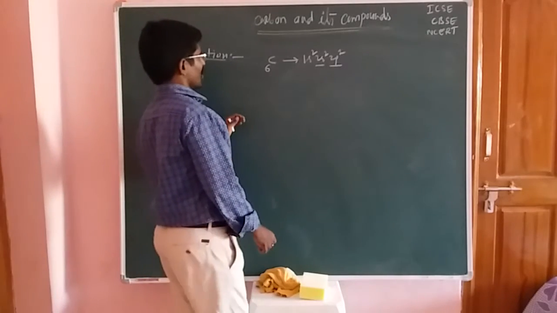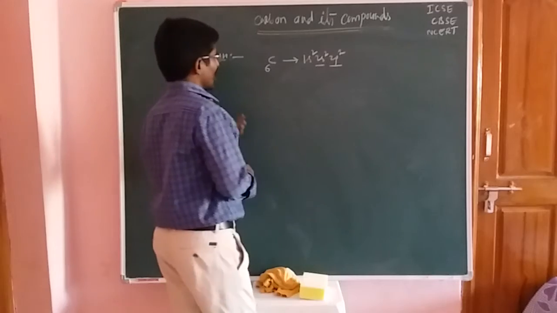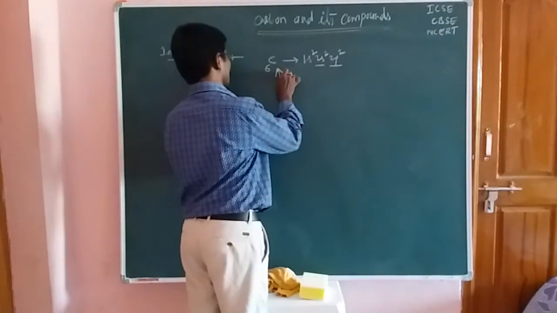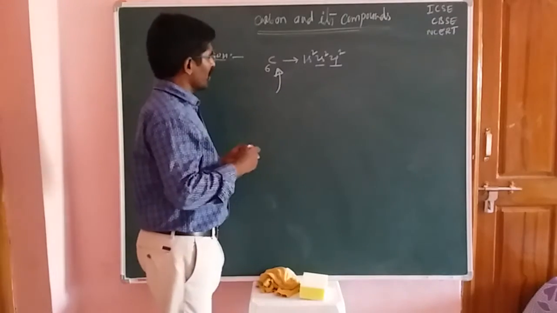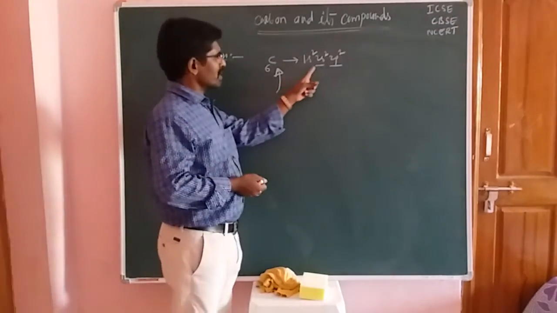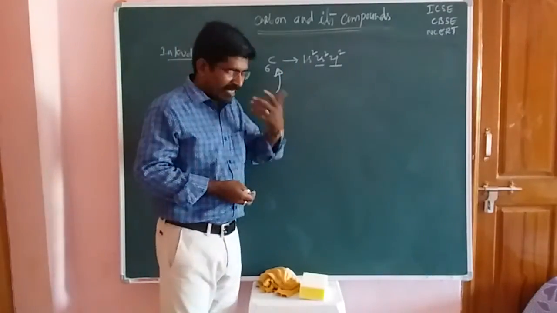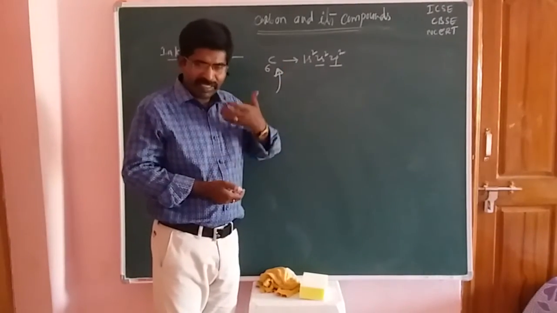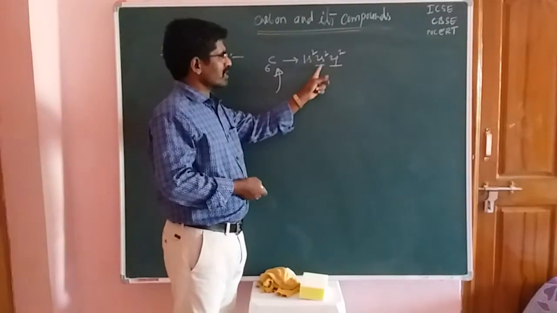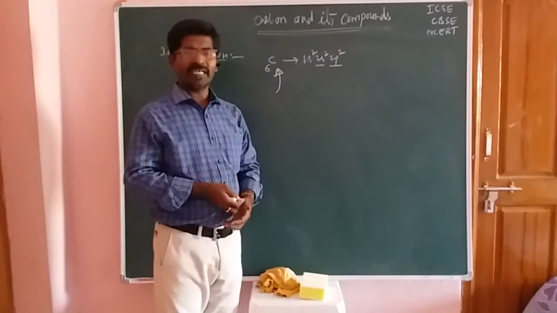Now we have to supply some amount of energy to the carbon atom. A 2s electron gets excited, gains some energy, and is ready to jump from the 2s orbital to the 2pz orbital.